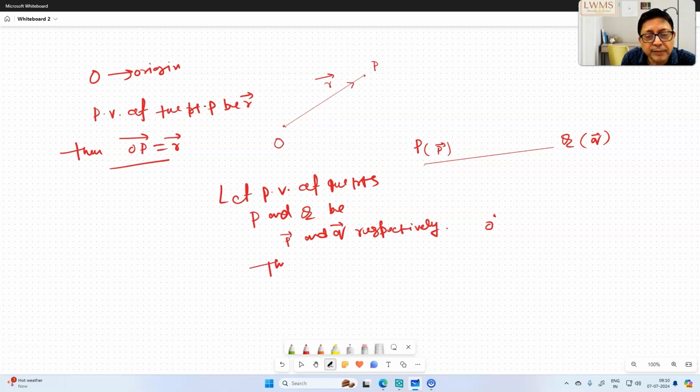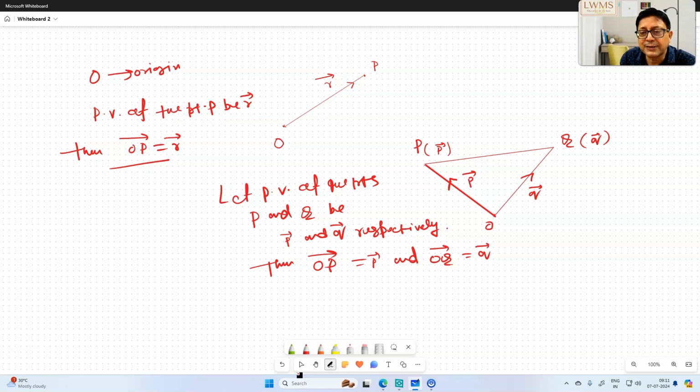Join these two, and there is the origin. Then, by the concept of the previous topic, we can refer to vector OP as p and vector OQ as q. It's quite obvious: vector OP is p and vector OQ is q.